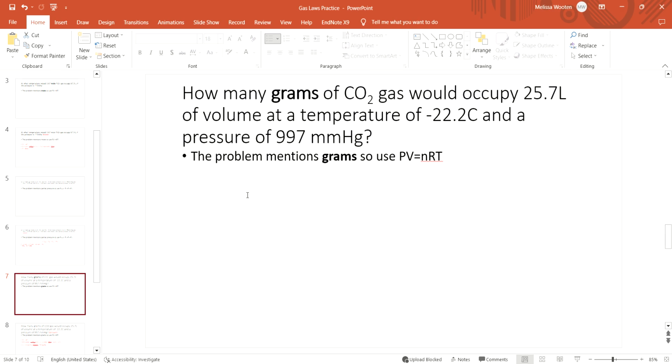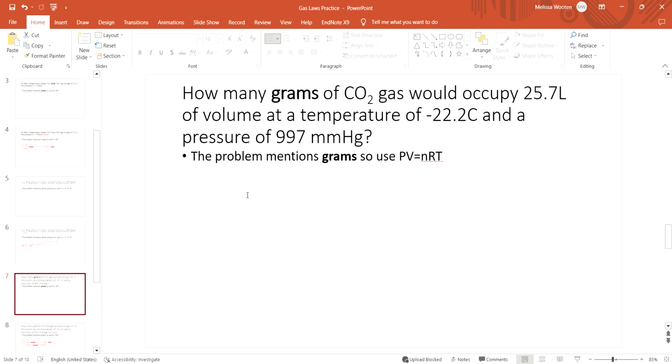Right? How many grams of CO2 gas would occupy 25.7 liters of volume at a temperature of negative 22 degrees Celsius and a pressure of 997 millimeters of mercury? Remember, the problem mentions grams, so you're going to use your ideal gas law, PV equals nRT. What does temperature always have to be in?